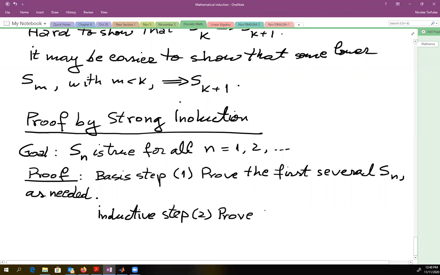So prove that S1 and S2 and so on, Sk, if these are all true, this implies Sk plus 1 is true. Again, this symbol is the logical AND operator.